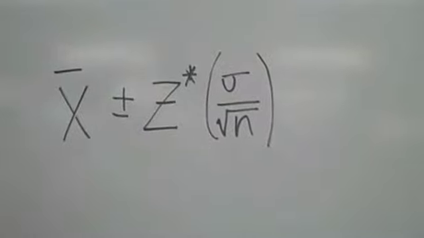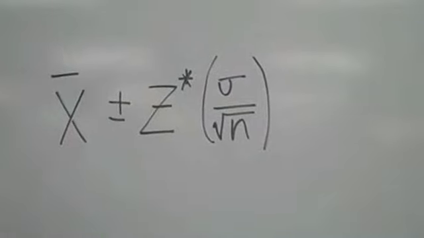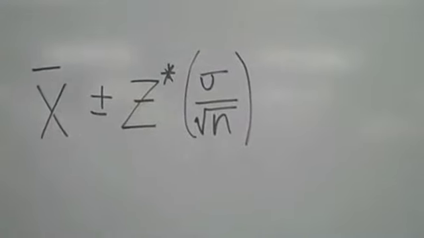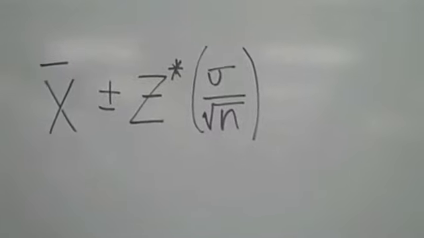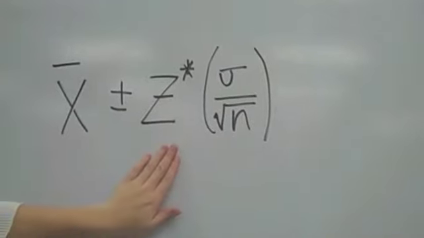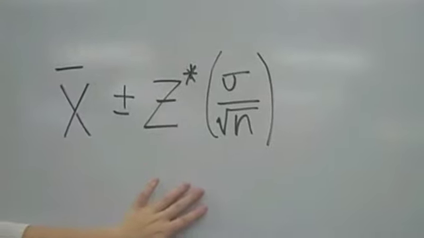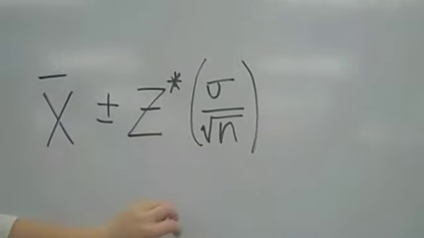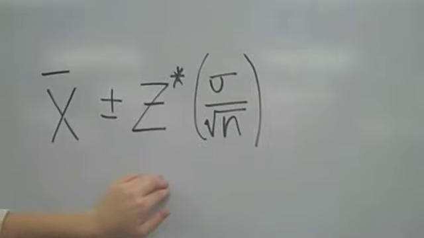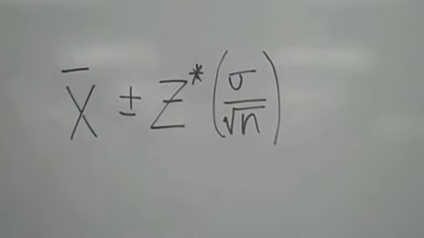And the confidence level states the probability that the method we use will give us the correct answer. And we find this z star because it's standardized. Since the distribution we found is normal from our conditions, we can use the table to find our z star based off of how confident we choose the interval to be.